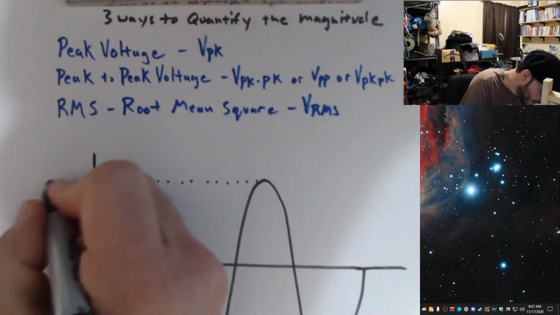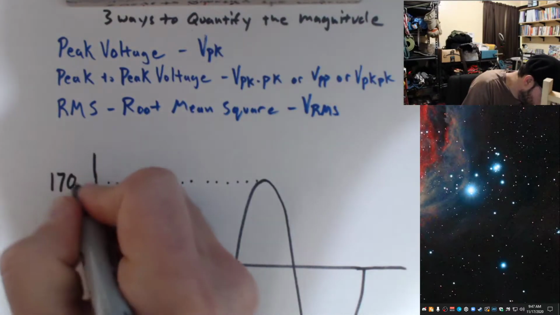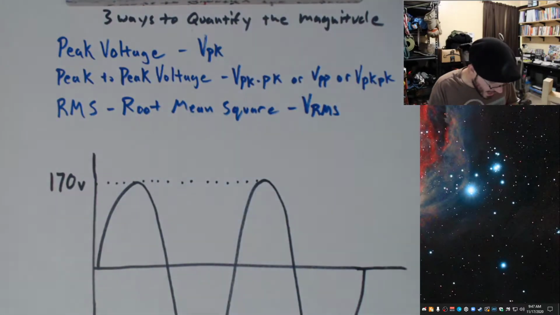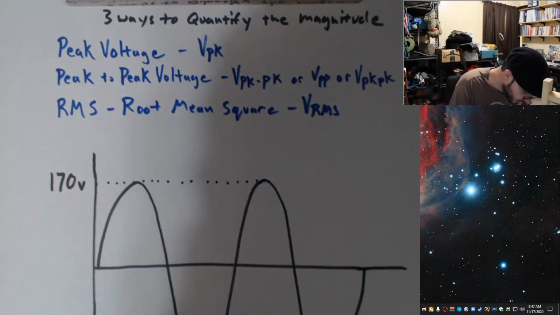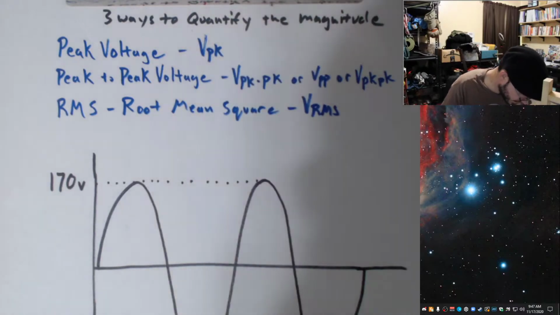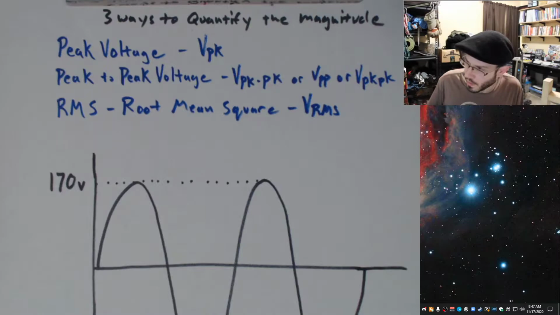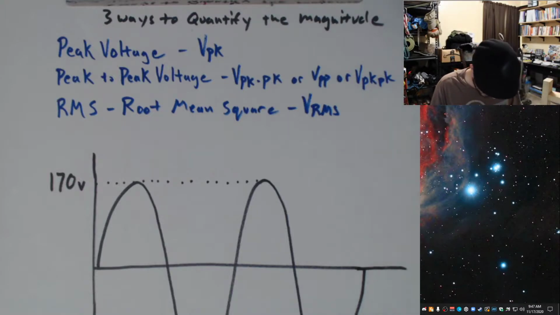And it turns out it goes up to 170 volts and similarly goes down to minus 170 volts. Okay, what's up with 120? Why is it 120? Where is 120 on here? What's going on?